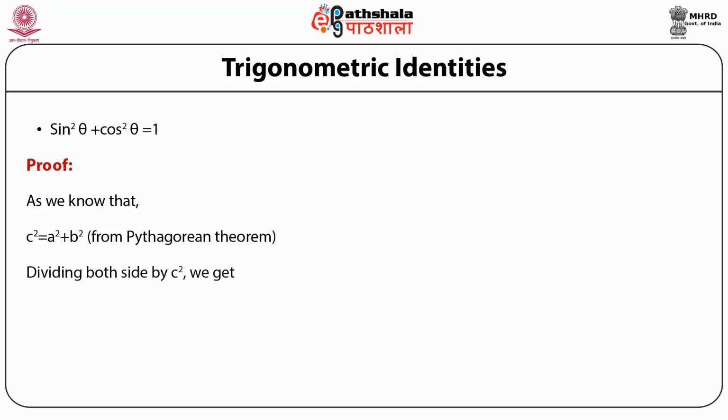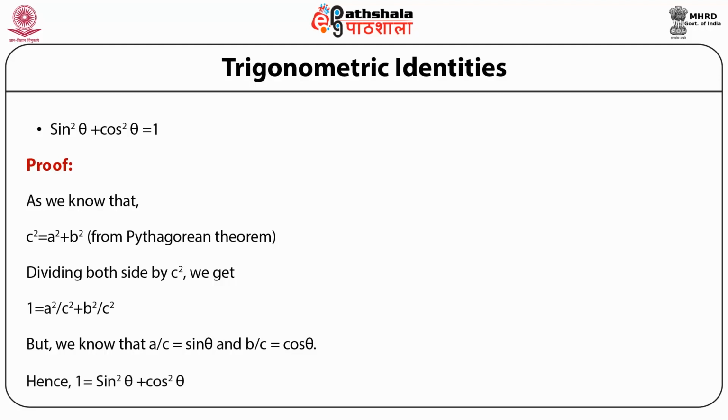Dividing both sides by C squared, we get 1 is equal to A squared by C squared plus B squared by C squared. But we already know A by C is sine theta and B by C is cos theta. Therefore, we can write 1 as the sum of sine squared theta plus cos squared theta, and please remember that theta can be any angle.